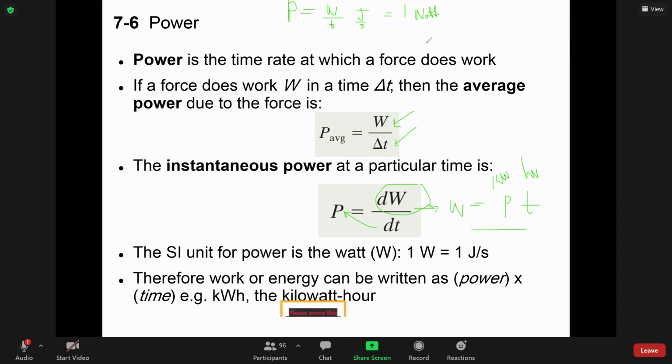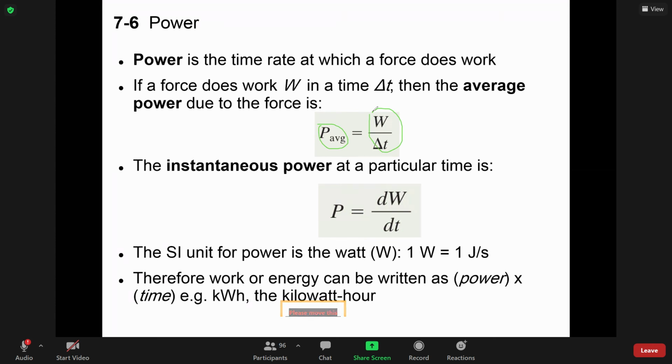Of course, I have two definitions of power. I have the average power, which means work over delta T, taken over a period. Average means I take it over a range, a period, not at a certain moment.